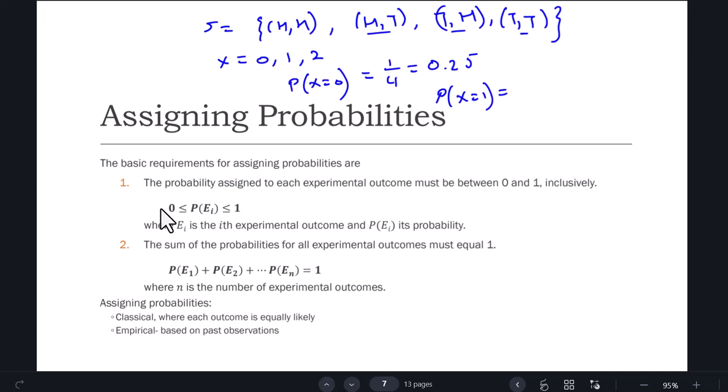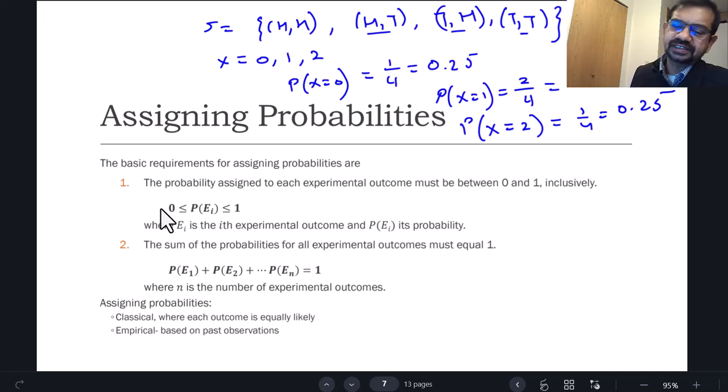So we have 2 of these outcomes. Out of 4 possible outcomes, we have 0.5, and then the outcome being 2, we get 2 heads, or both coins show a face of head. Then we get 1 over 4 equals 0.25. And if we add 0.25 with 0.5 and then 0.25, we get that they add up to 1.